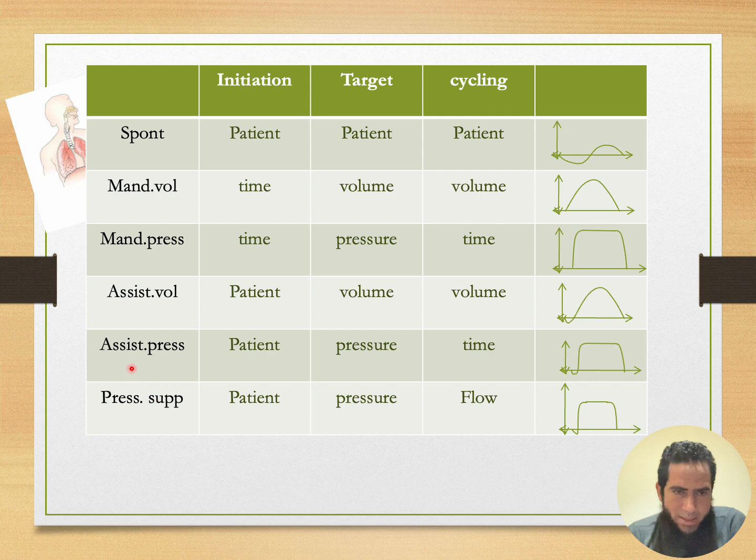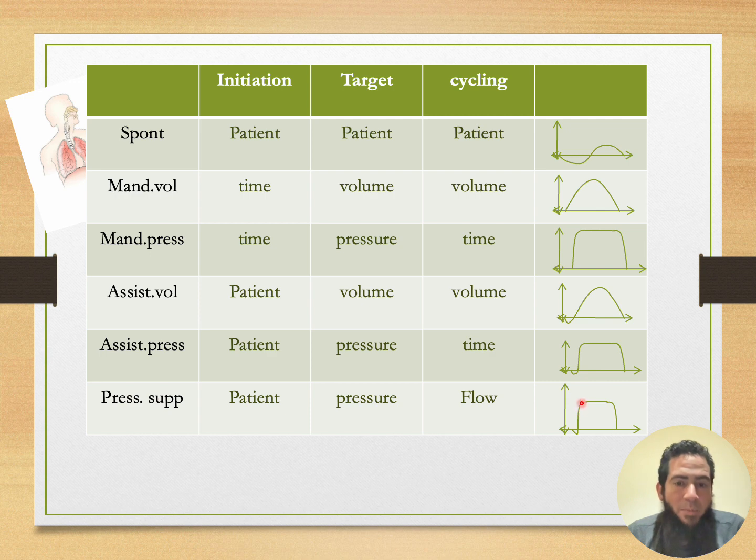But what's the difference between assisted pressure and pressure support? In assisted pressure, the breath is initiated by the patient, and the target is to reach a certain pressure and maintain it for a certain time before switching it off to start expiration. In pressure support, the initiation is by the patient, and the target is to reach a certain pressure.